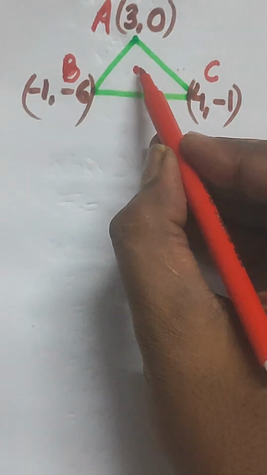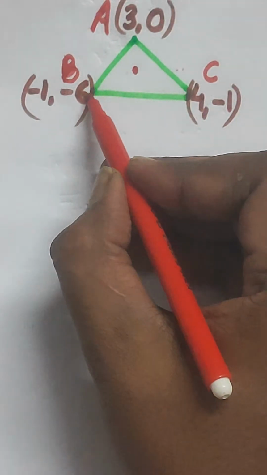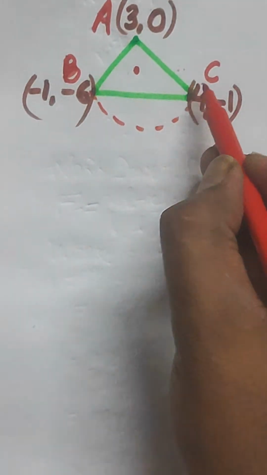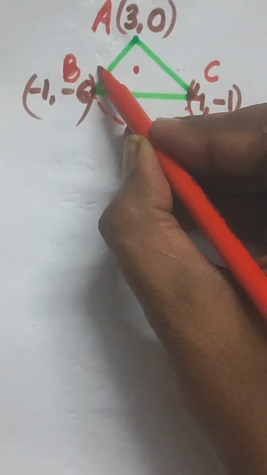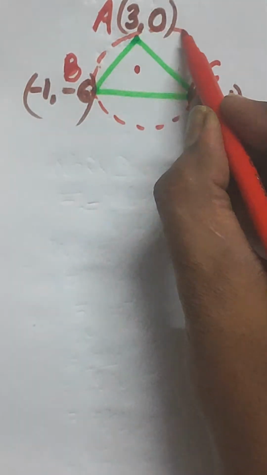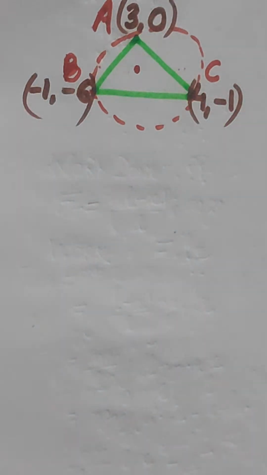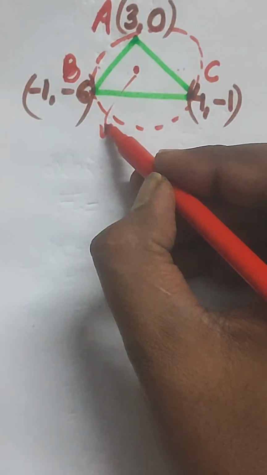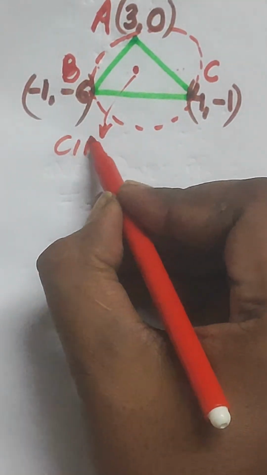So it will be like this, and this triangle will be formed, right? And this point is nothing but your circumcenter.